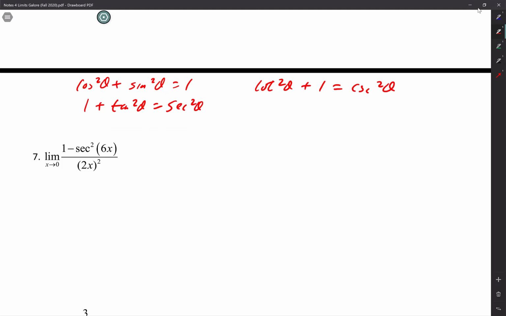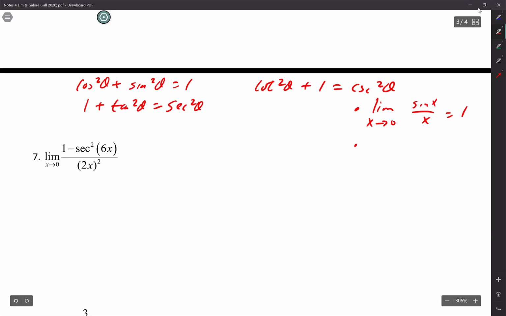And then we need to know one other thing. What else do we need to know? We need to know our limit rules. There's really 2 of them. We need to know limit as x approaches 0 of sine x over x equals 1.